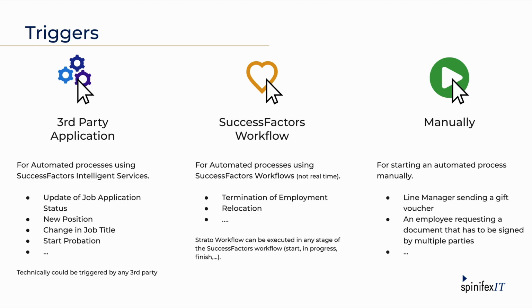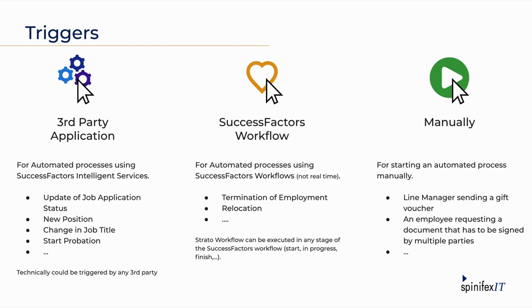So you will have access to all the SuccessFactors intelligence services available, and they can be used to start our application. Technically, you could also trigger Strato by any third party. Why? Because Strato is triggered through an API. So if your third party can call an API, then automatically Strato can be triggered through that API.